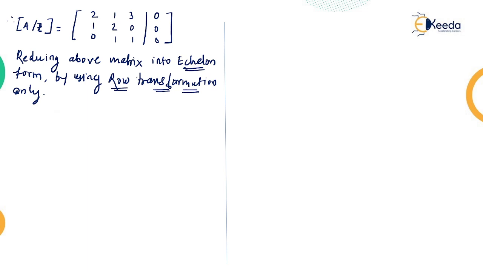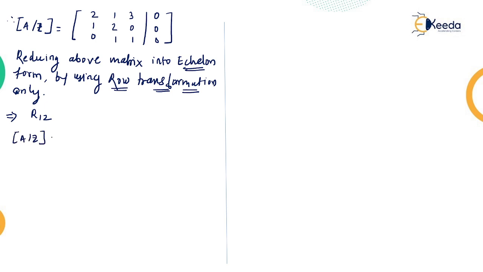So we perform the first row transformation R12, because the first leading element should be 1, meaning the first row and first column position should be 1. So we interchange rows R1 and R2.